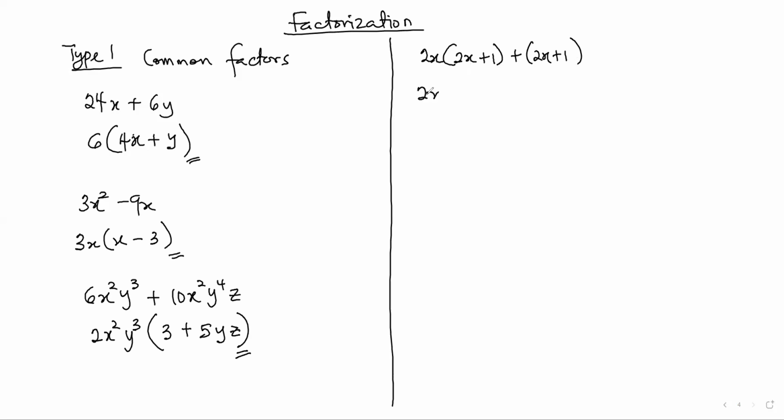So we factor that one out, and you'll be left with 2x, which is here, plus, when you factor this one out, you are left with only 1. Okay, so this gives you the answer. So we have (2x + 1)(2x + 1). Okay, so that's the answer.